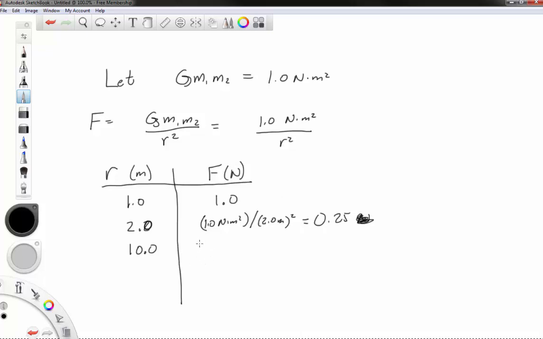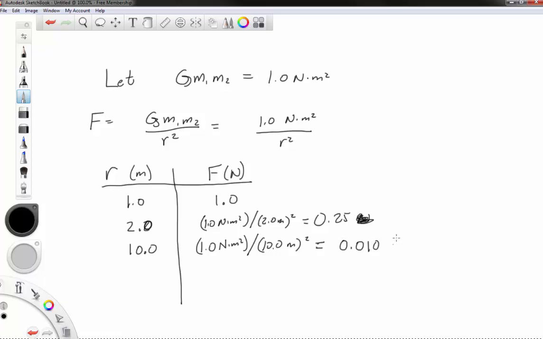This one right here, we're going to end up with 1.0 newton meters squared divided by 10.0 meters squared. 10.0 meters squared is 100 square meters. So 1 divided by 100 is 0.01.